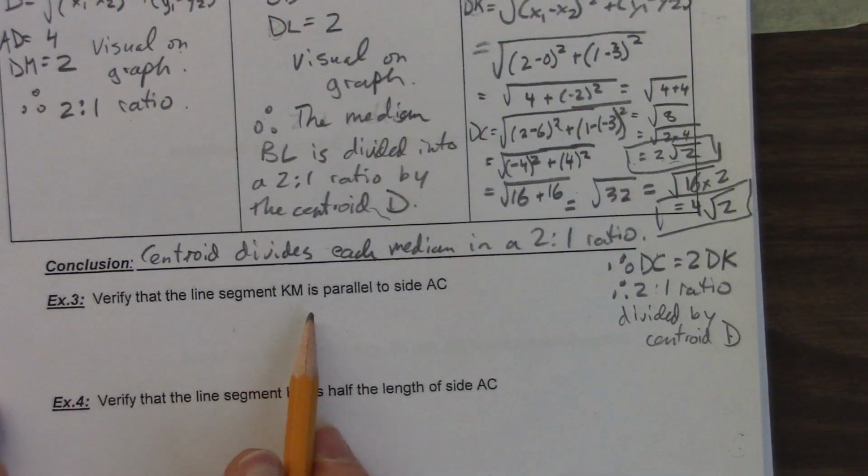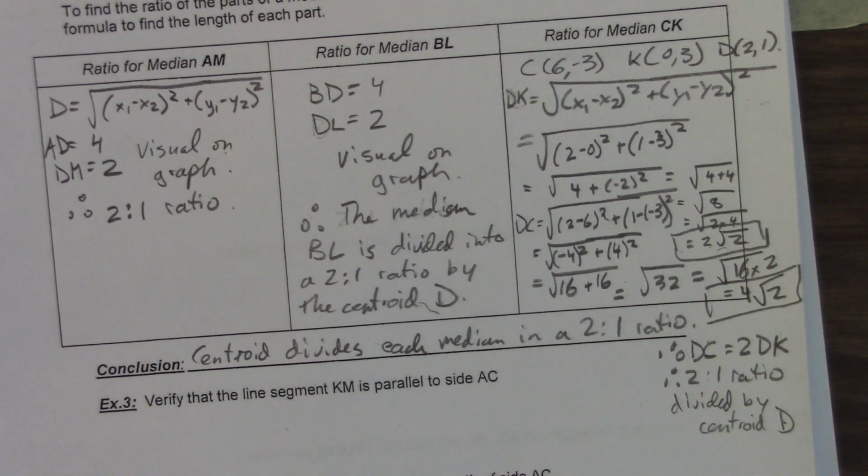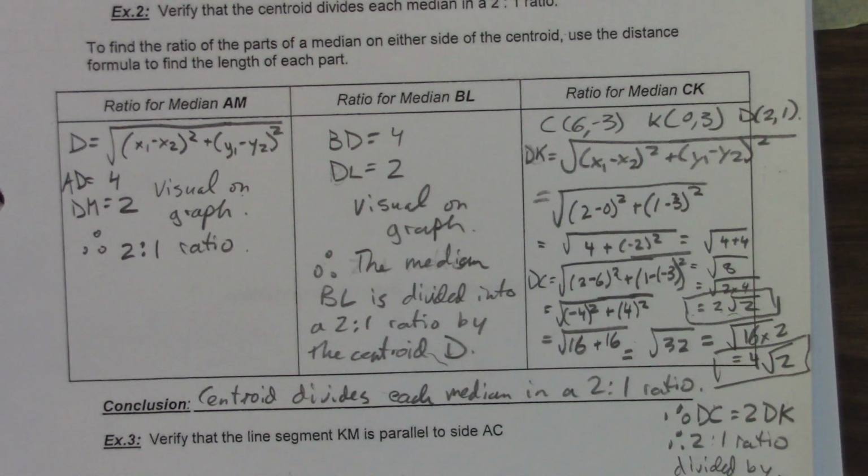Okay, it says verify line segment KM is parallel to AC. Am I missing a page here? Might be missing a page.